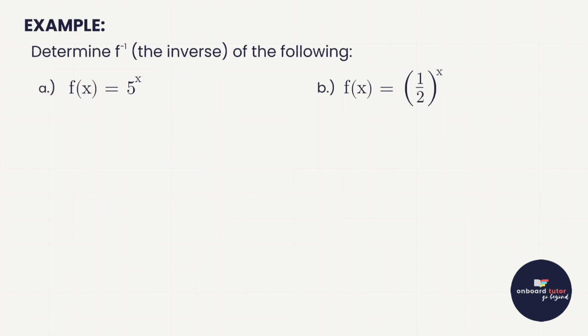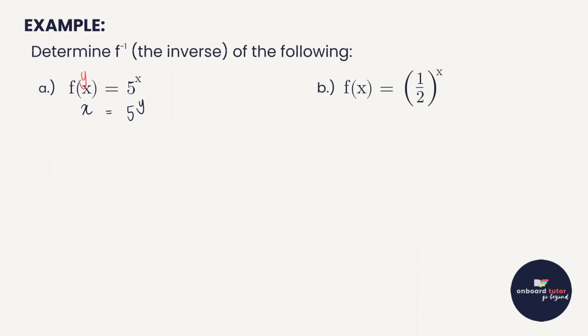Let's put our new knowledge to the test. So determine f to the minus 1, in other words, the inverse of the following. And we have got here f of x equals 5 to the x. So what we want to do is first of all understand that f of x is representing y. And in order to get the inverse, I need to switch around the x and the y. So x is going to equal 5 to the y.